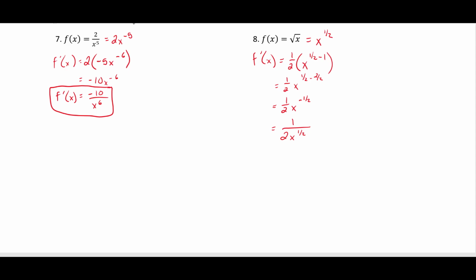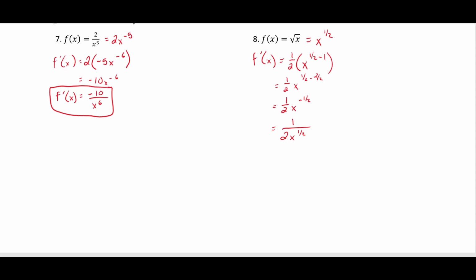And you may ask yourself, okay, am I done now? You're still not done. If you have a rational exponent and the numerator of that rational exponent is a 1, like it is in this case, you need to go ahead and rewrite that in radical form. Now, if your rational exponent does not have a numerator of 1, I am okay with you leaving it in rational form.